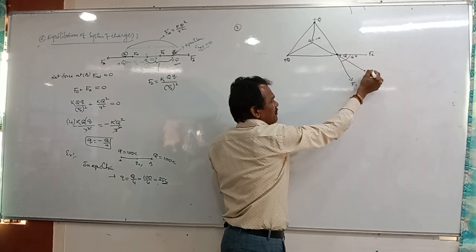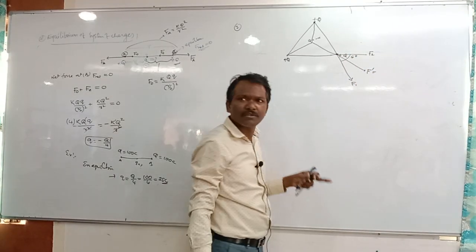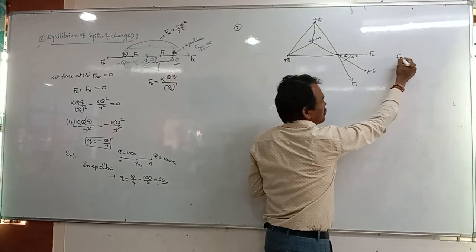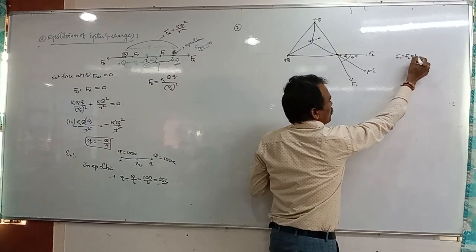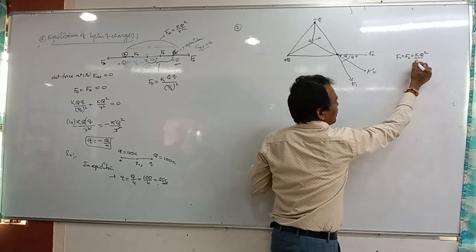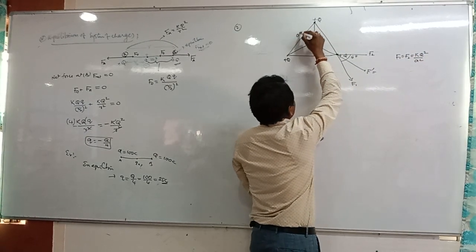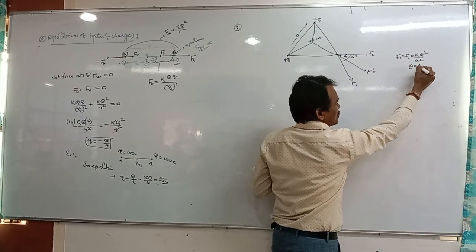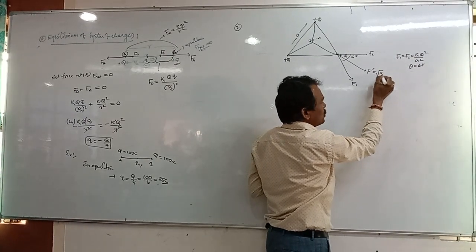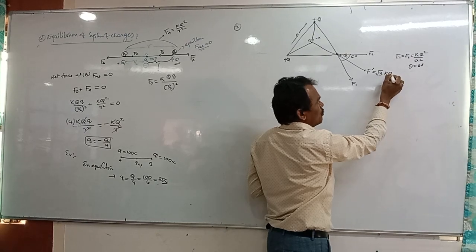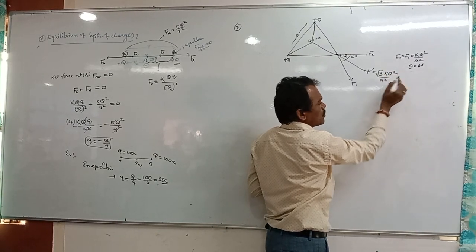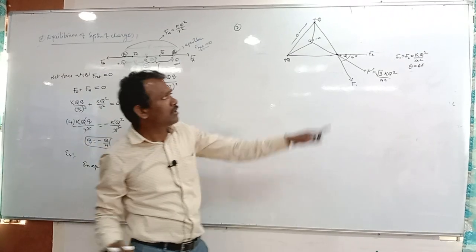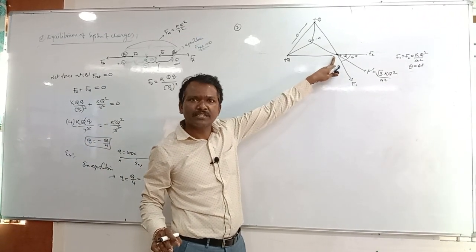So the resultant F dash is equal to how much? F1 is equal to F2, that is equal to KQ square by A square, side A, and F dash with theta equal to 60 degrees is root 3 of KQ square by A square, right? That is the net force acting on this Q charge, right?